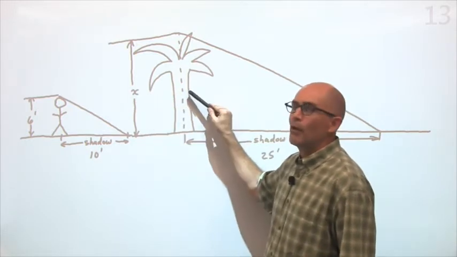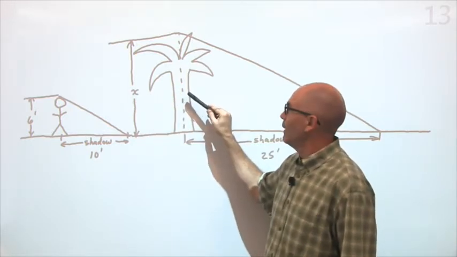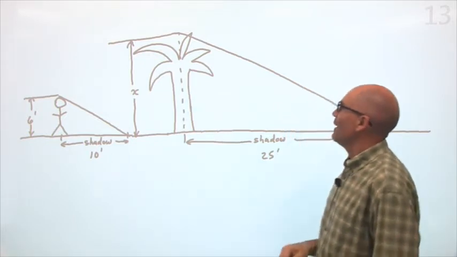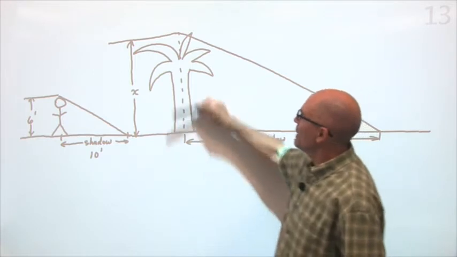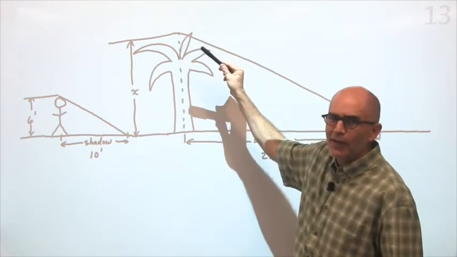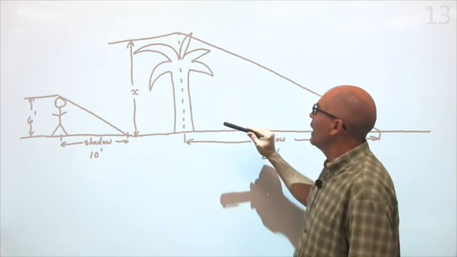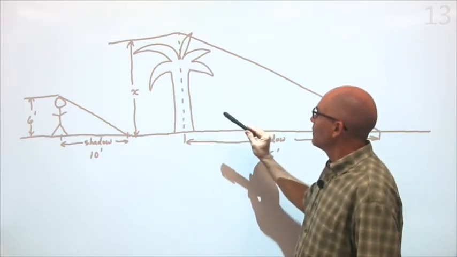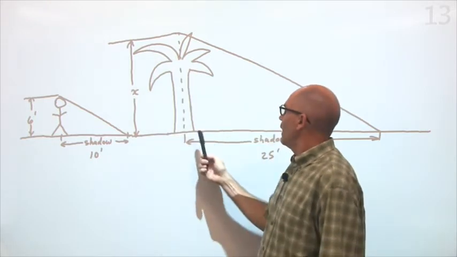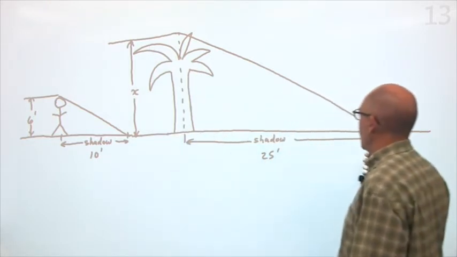This is a beautiful palm tree, courtesy of Uni Kim. Okay, so we have a tree of unknown height, and I don't want to have to climb that tree with a tape measure to try to find out how high it is. So what I do is I just say the height is X. Now, the shadow I can measure.